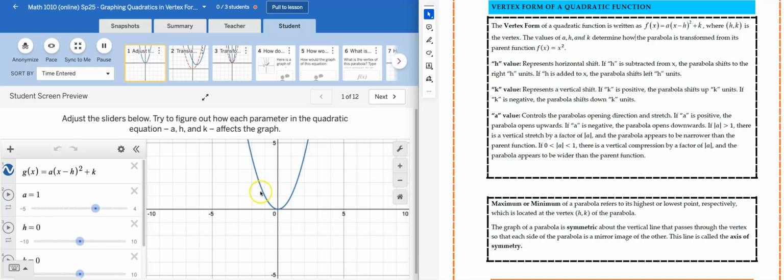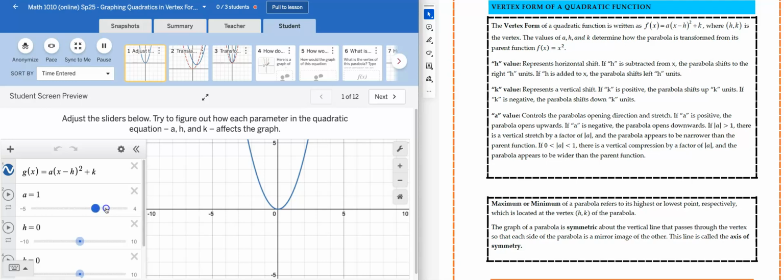What we're going to do is look at a few things here and try to figure out what each of those things does. I have these sliders, and right now it's just a normal standard parabola. We call it a parent function. It's y equals x squared. As we change this, it's going to change the shape of the parabola.